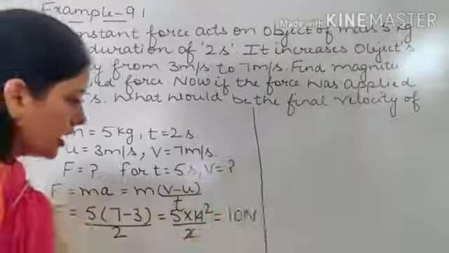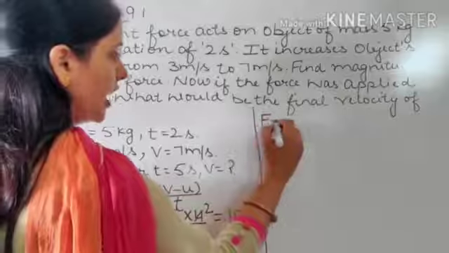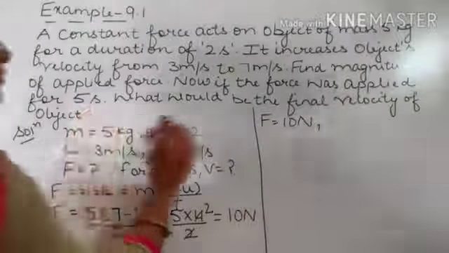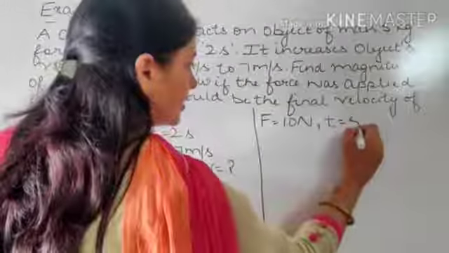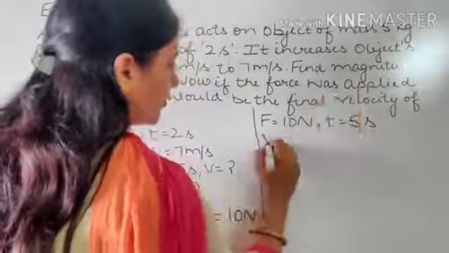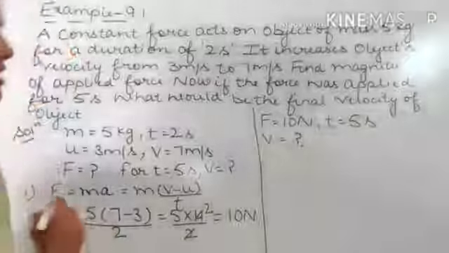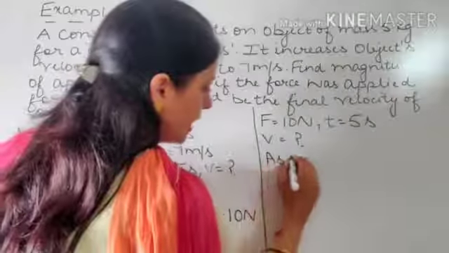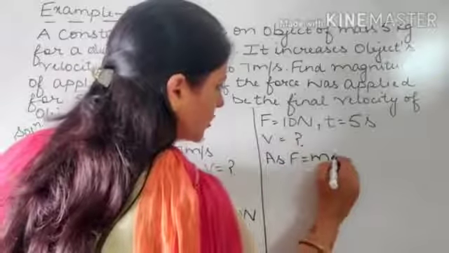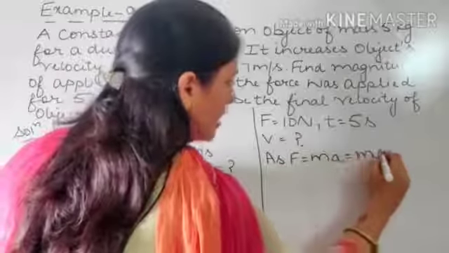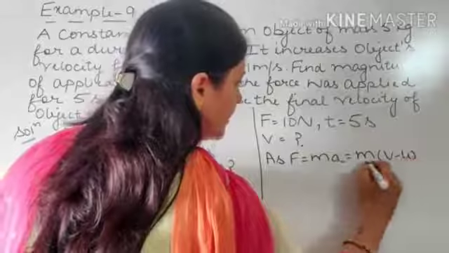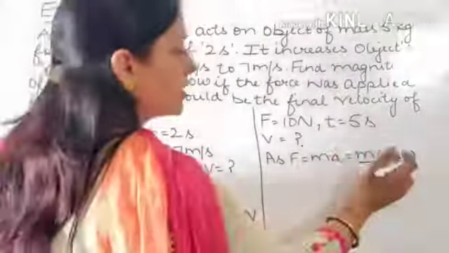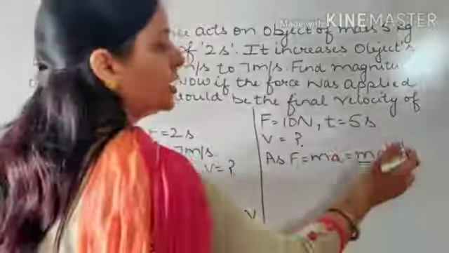Now see, if this force of 10 newtons is applied for 5 seconds, we have to find out the final velocity. Same formula we have to use: F is equal to mass into acceleration, F is m times v minus u by t, and from this expression we have to find out the expression for v.